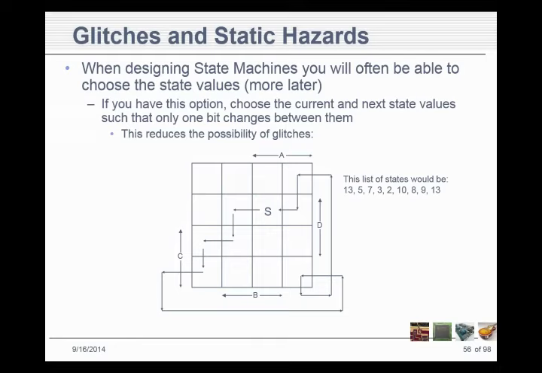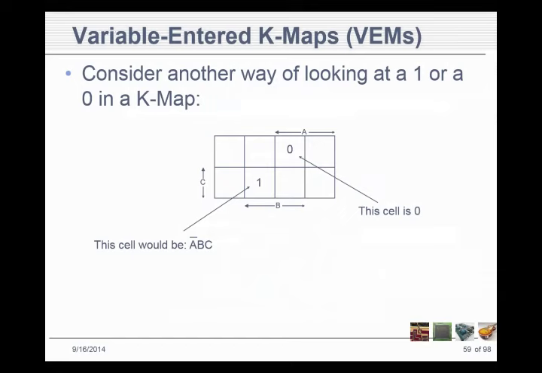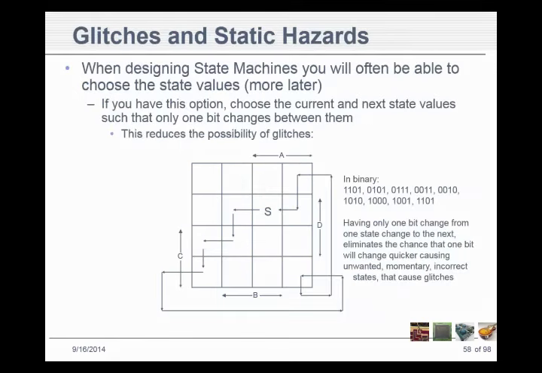Okay, so these states are not in order. It'd be better to have them in order. In binary, I'm showing them like this so you can look and see that going from one state to another, only one bit changes. And if we wanted them in the summation form, it would make more sense to have them in ascending order.